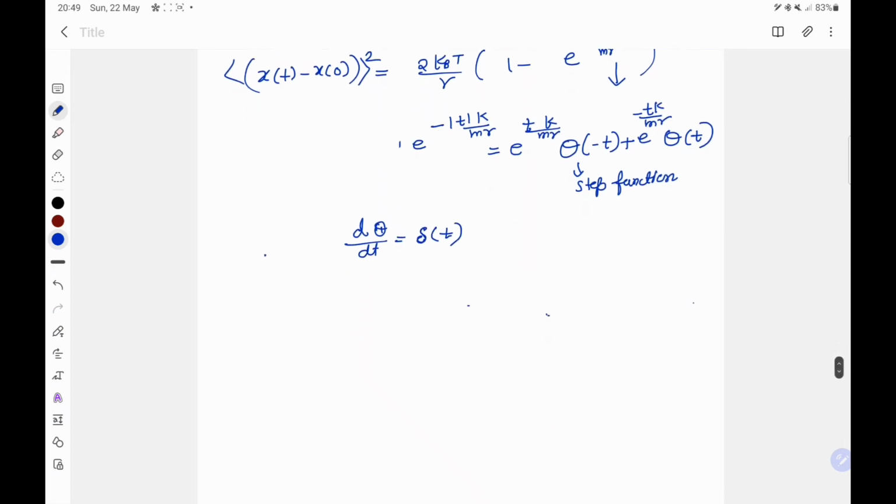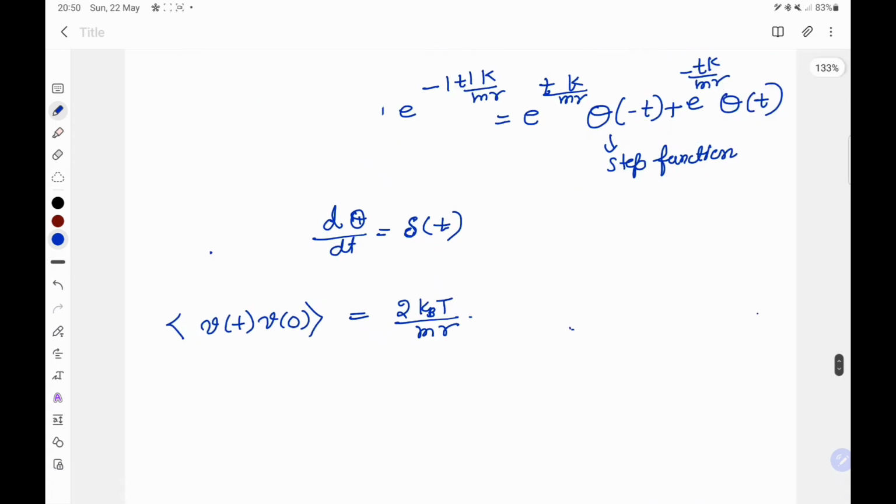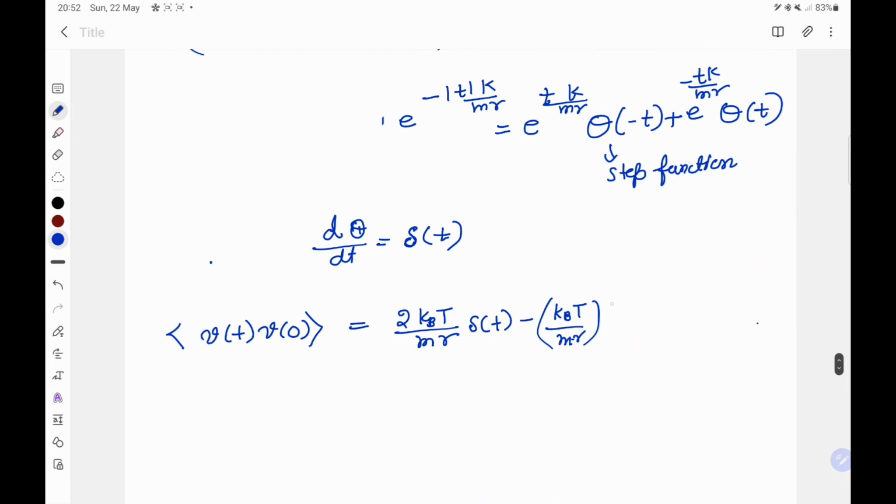So just use this property and you will obtain that the average of V(t) V(0) is nothing but 2 times kB T over m gamma delta(t) minus kB T over m gamma times kappa over m gamma, e to the power minus t kappa over m gamma.